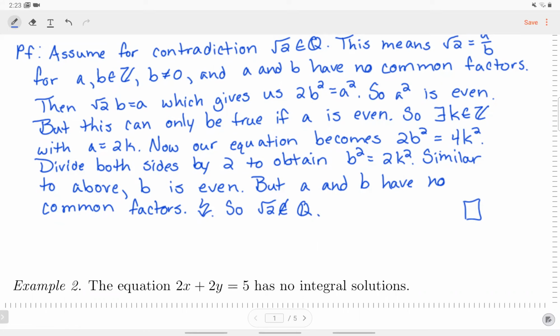Would this same argument work for something like square root of 3? Yeah, so you'd have to do a little more work, but the same idea would end up working. But when I get to this here, I'd have 3b squared equals a squared.